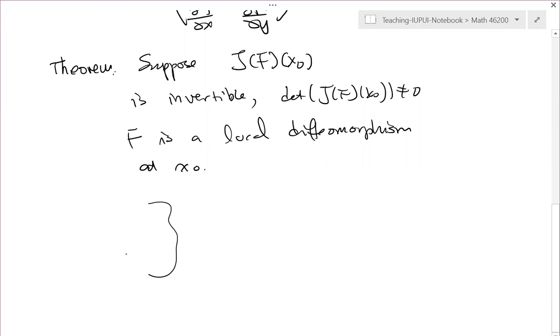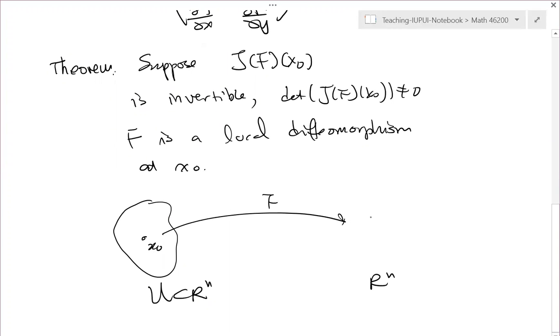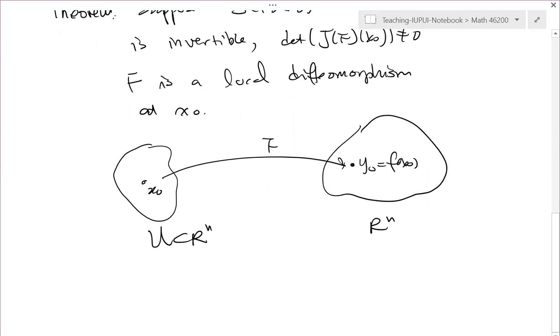All right. So this is a domain. This is U, in R^n. Here's a point. The map is defined on this, and this is the image, right? So this is F, and the image here is Y. The image could be very bad. Here's a domain, but the image itself is not necessarily a nice domain.